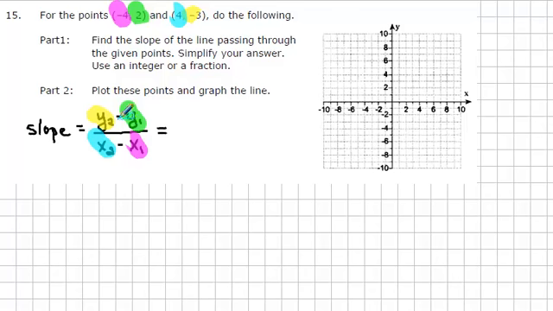So let's go ahead and substitute. y2 is negative 3 minus y1, which is 2. And all of that is divided by x2, which is 4, minus x1, which is negative 4.